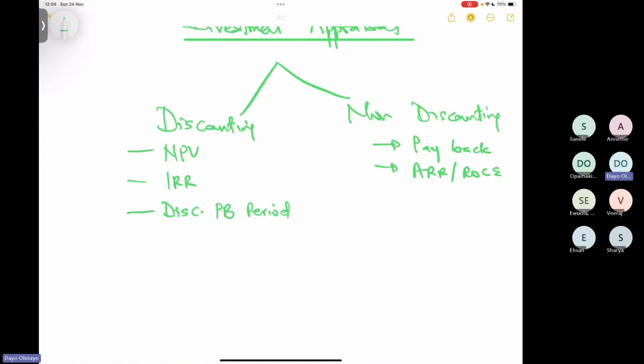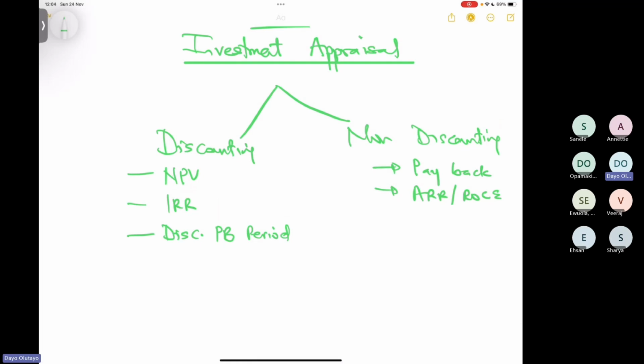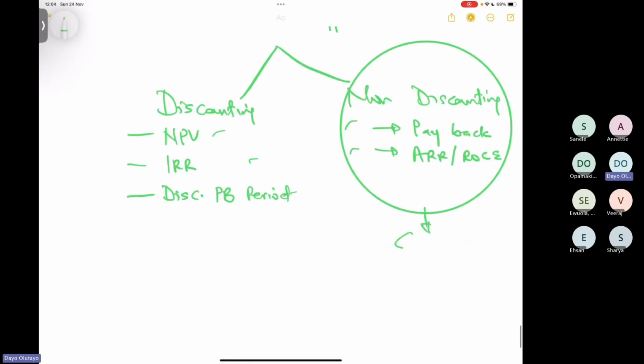Sometimes when you have a question on investment appraisal, they give you the question and they ask you to calculate all of this. Then after, they will ask you to decide whether the company should take the investment based on all of this. So for each of these methods, you must know how to interpret it as to whether the company should take the investment or not. For all the non-discounting methods, you need to compare with the benchmark for you to decide.